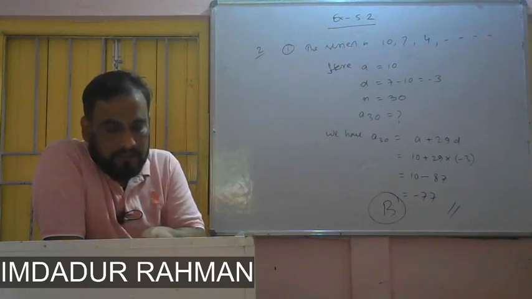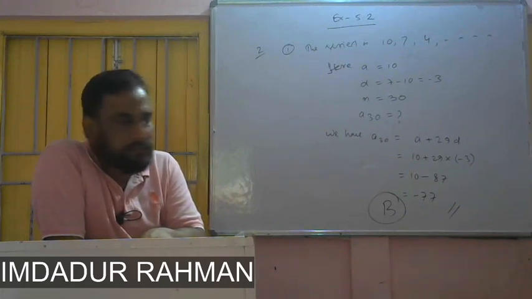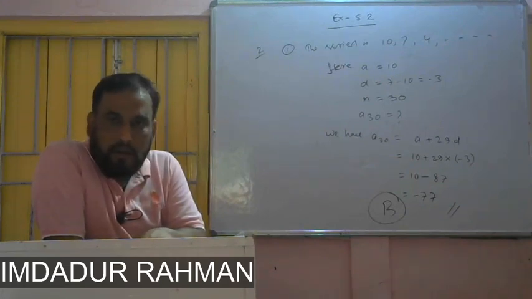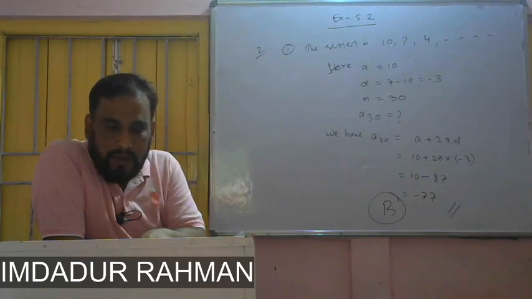Like this, question number 3. Here one box is given. First term is 2, second term is a box, third term is 26. Okay, so 2 is A1, A2 is blank, and A3 is 26.